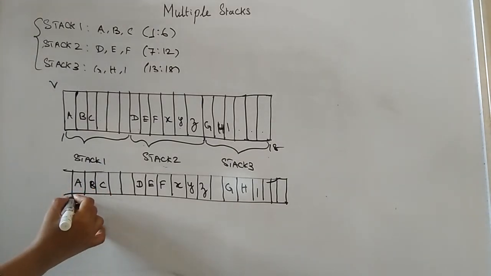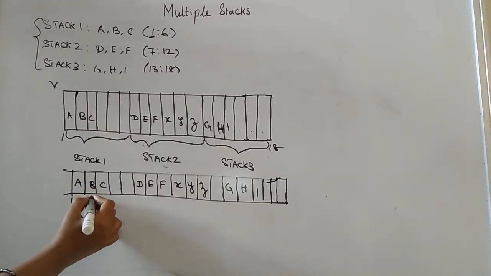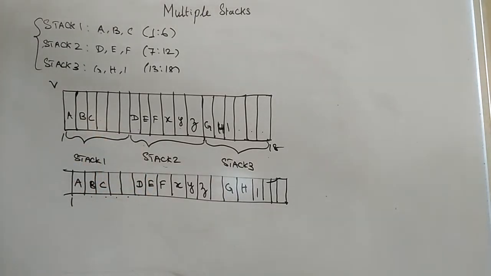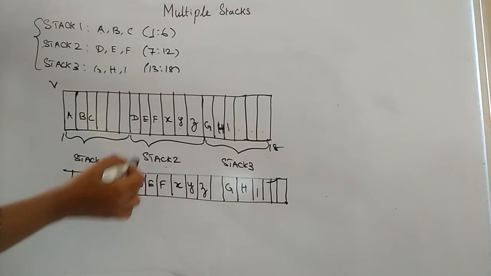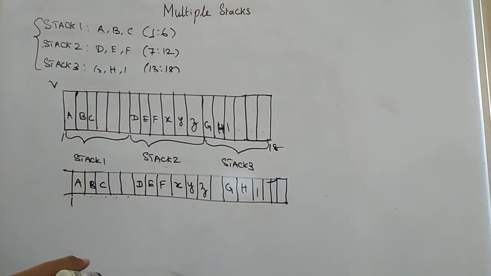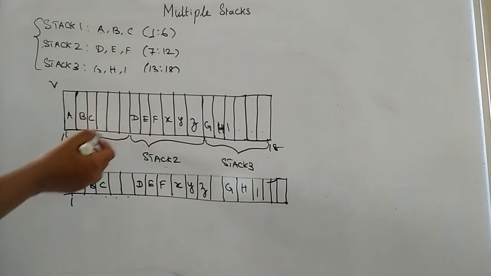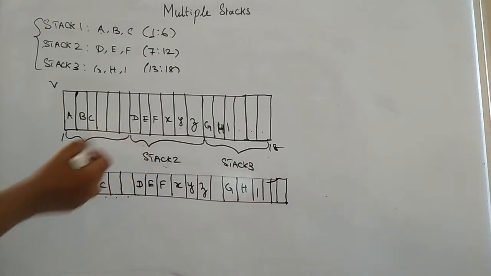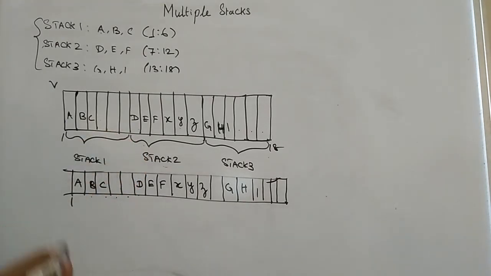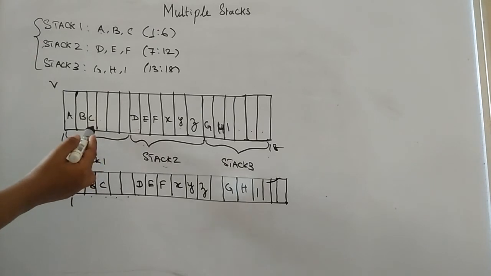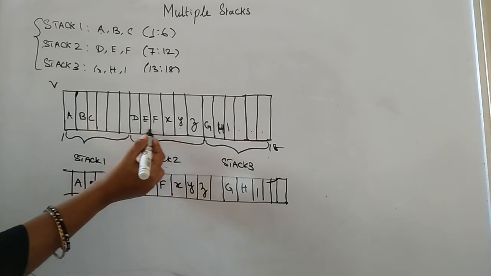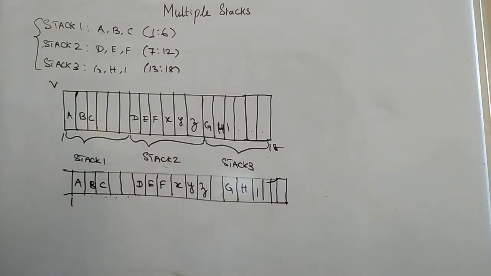You just notice the thing here. There's 1, 2, 3, 4, 5, and in the 6th place we are having D. But actually, we have assigned the 6th cell for stack 1 only. But in order to overcome the problem of memory wastage and to resolve the overflow in stack 2, since we are having spaces on the left-hand side, we have just shifted these elements towards the left, right?